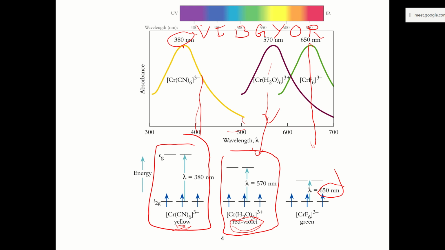Only the portion that is not absorbed somehow reaches your eye, either through scattering or through transmission of light. So something which absorbs red appears green, something which absorbs yellow appears red or violet, purple colors.